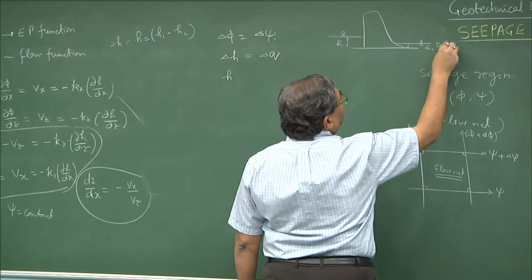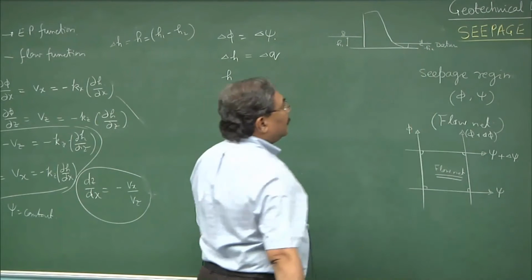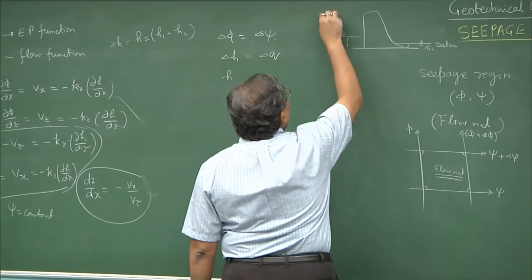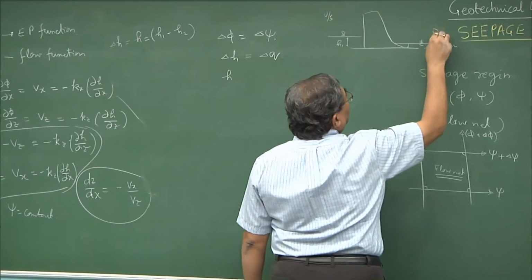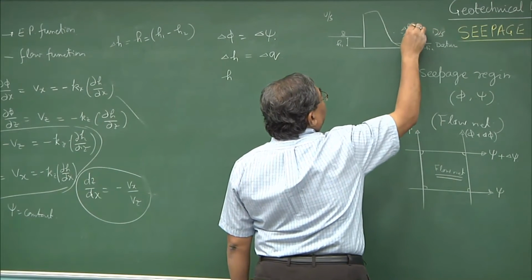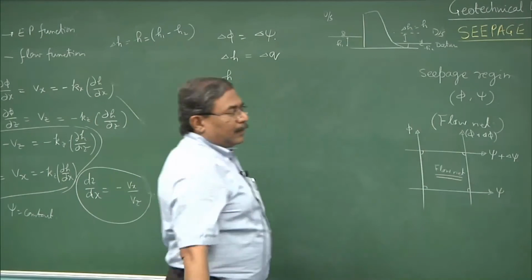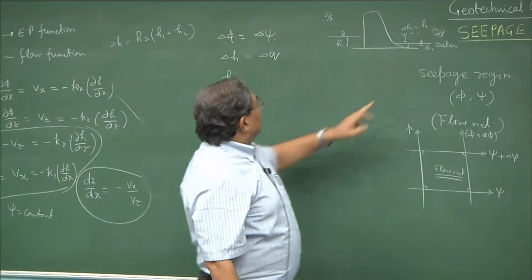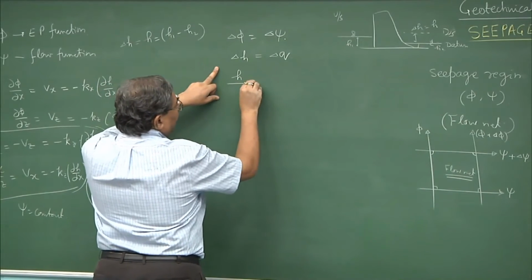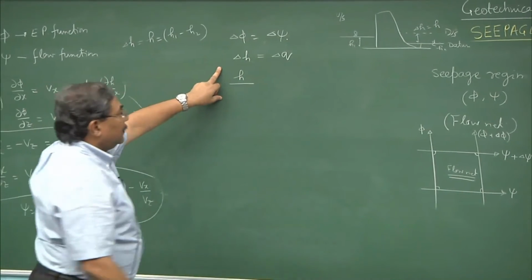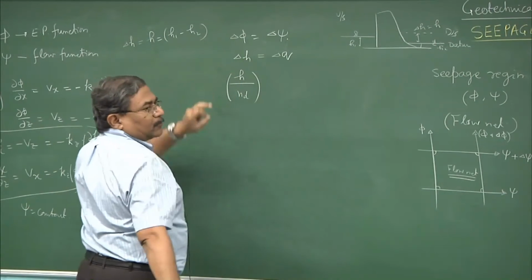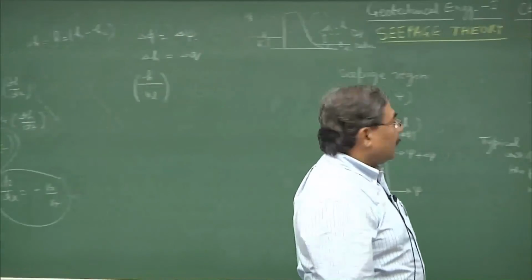If this is the datum at the tail water or downstream water, this is delta H, which is equal to H, and this head is causing the flow to occur. So, if I introduce a term delta H as number of drops, this is going to be equal to delta H.